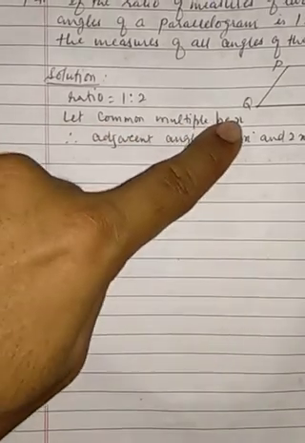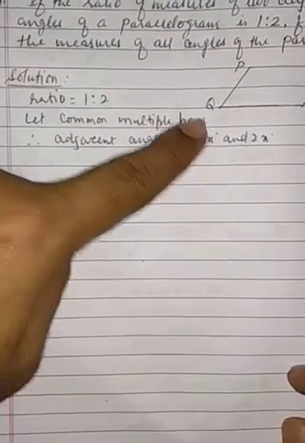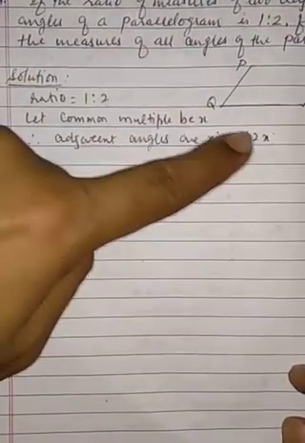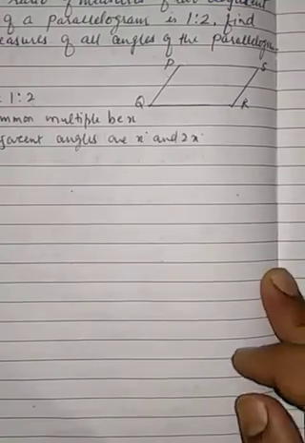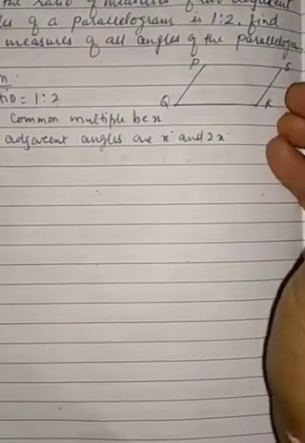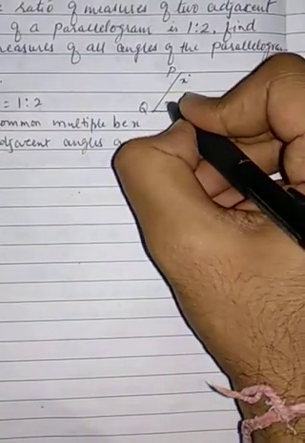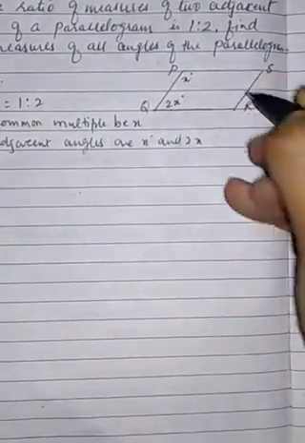Assume a common multiple, any variable like x, and then multiply it by the values of the ratio. 1 into x, x; 2 into x, 2x. That means now you know two angles here, x degrees and 2x degrees, and both angles are adjacent angles.